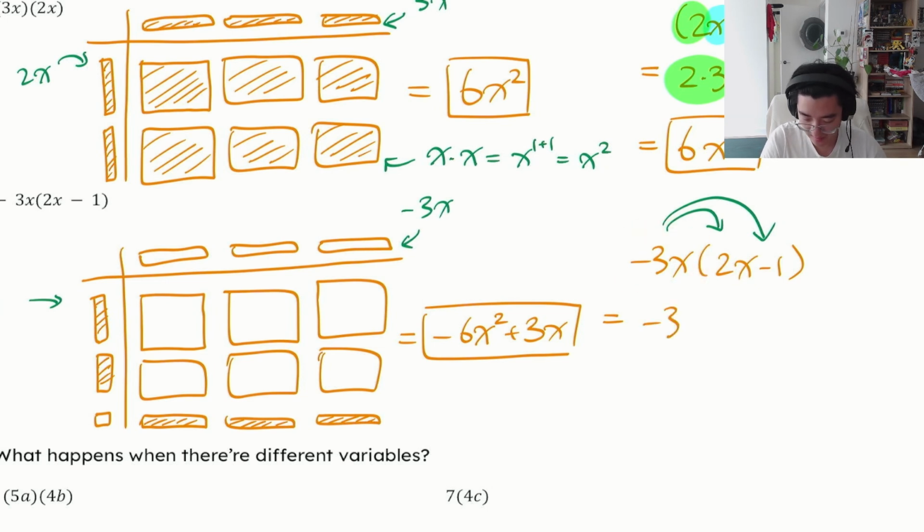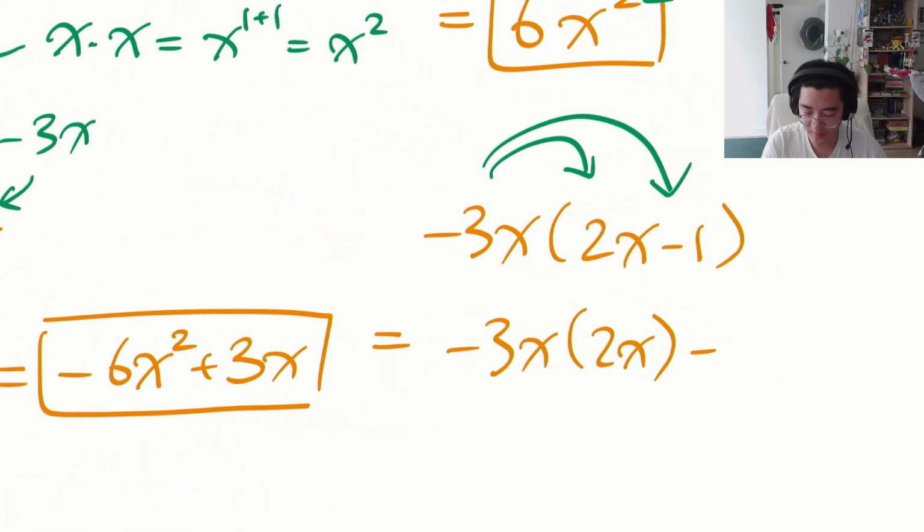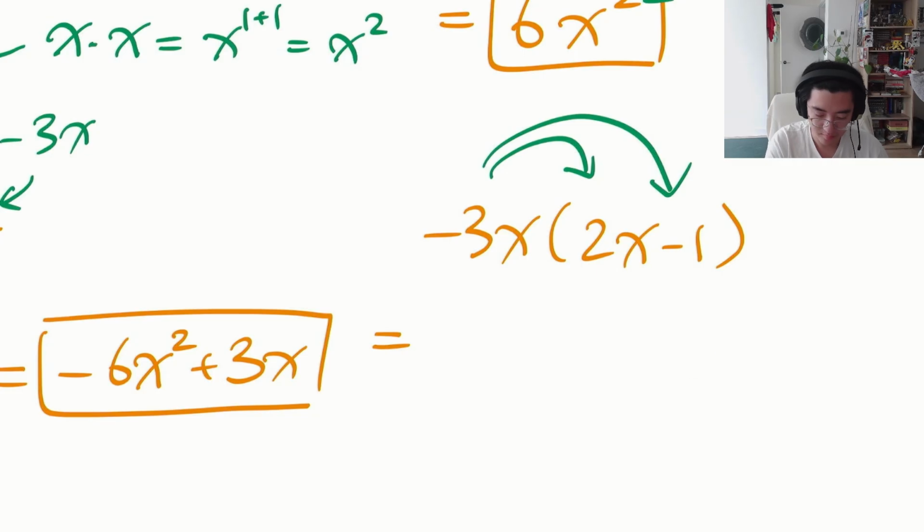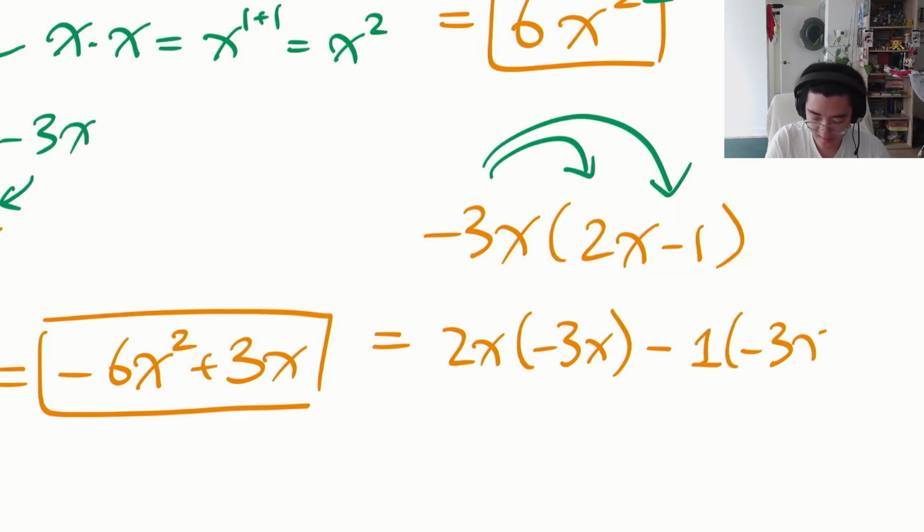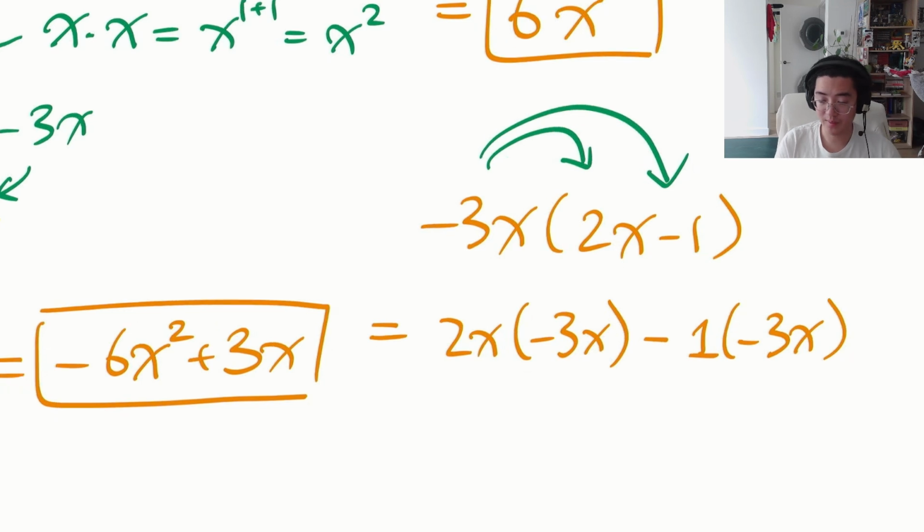Let's write that down. Actually, let me write it backwards; it's probably less confusing that way. So we have 2x times negative 3x, minus, the minus 1 here, so it's minus 1 times negative 3x. And then we multiply as usual.